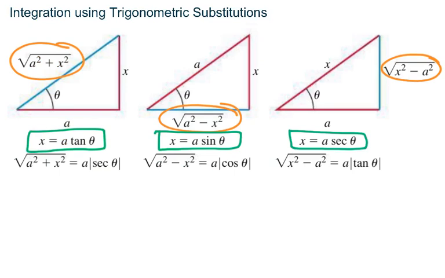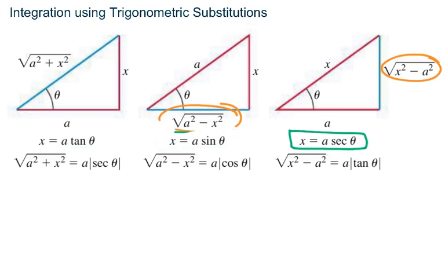Okay, so when we are dealing with these trig substitution problems, we want to determine the situation we have and then know the constraints that match up with each of these three situations.